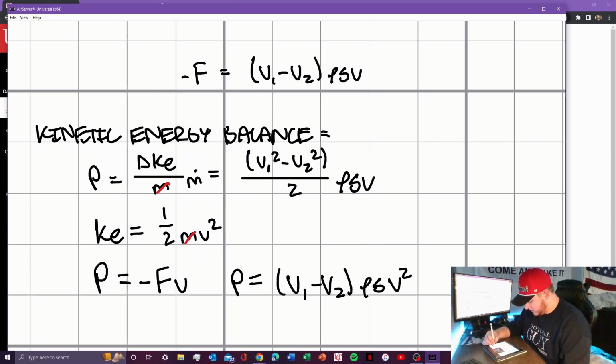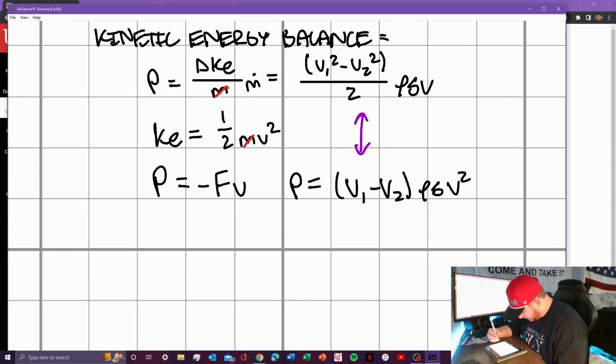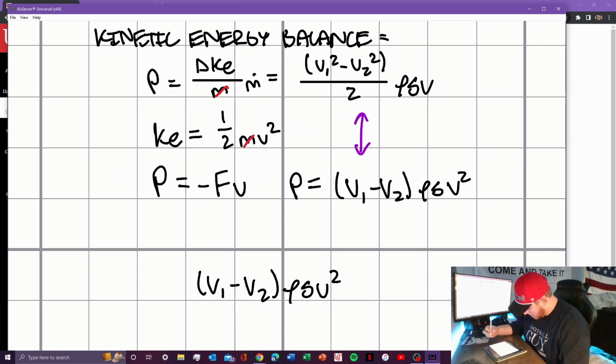And now that we have these two equations, we can relate these for the kinetic energy balance. So we'll be left with V1 minus V2 times rho SV squared equal to V1 squared minus V2 squared all over 2 rho SV.